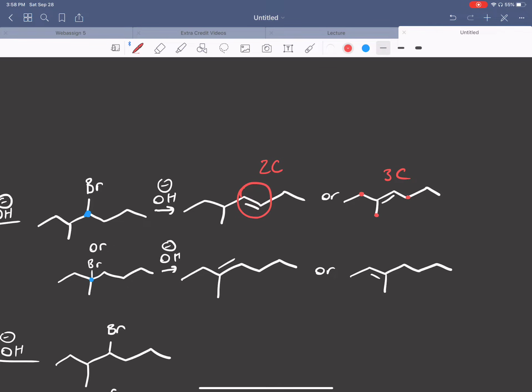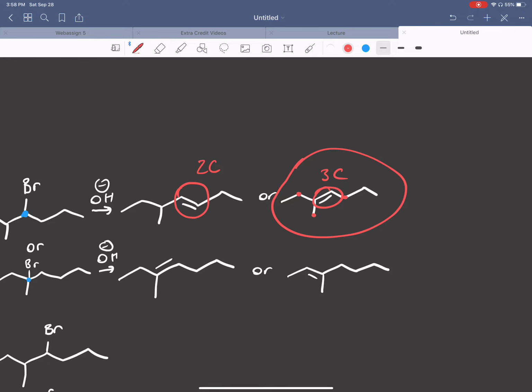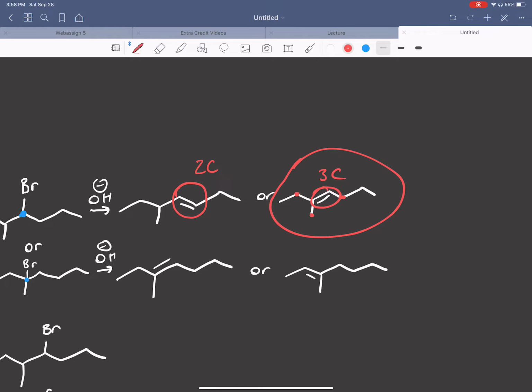So that double bond right here, this one, will be forming 100% of the time. So if we put our Br there, on that blue carbon, we're going to get this one 100% of the time. And that is exactly what our original alkene was, so that's great. So putting the Br there is perfectly acceptable.